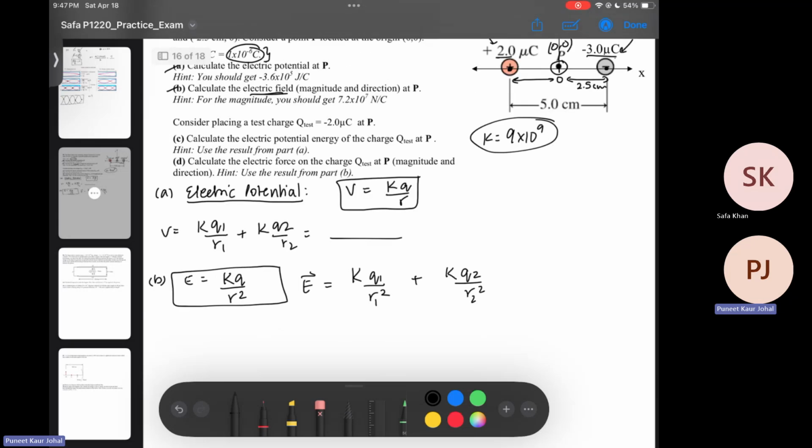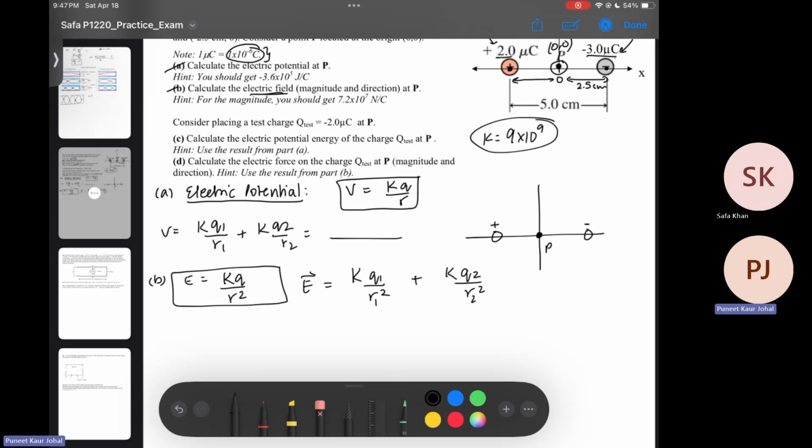The other thing is, because you're calculating from point P, this is negative, this is positive. When you draw the electric field lines, you have to consider whether the electric field lines are going in or out of charges.